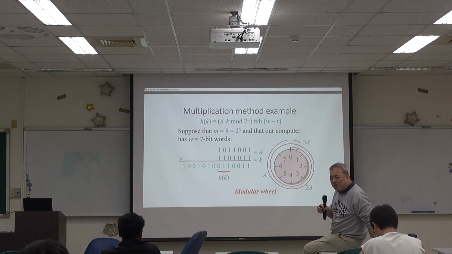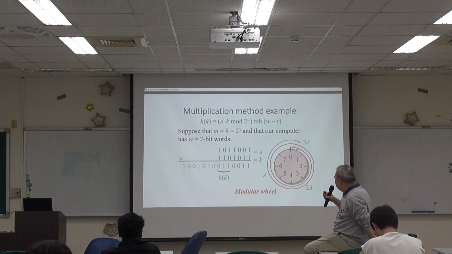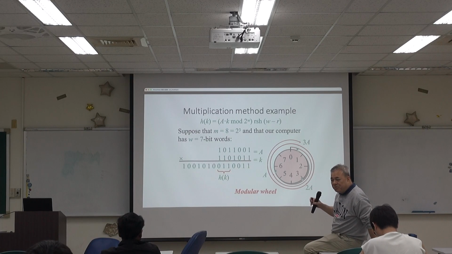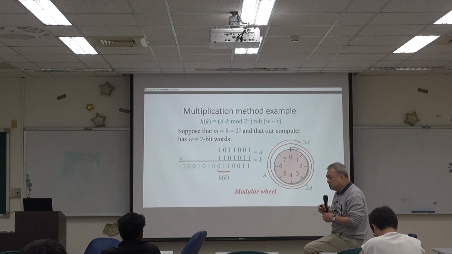So if, for example, in the exam, I give you your A, your r, and your word length, can you compute anything? It shouldn't be too difficult, right? It's just a very simple computation.